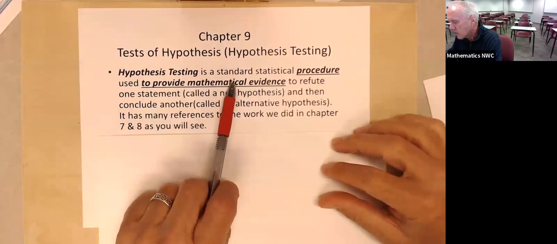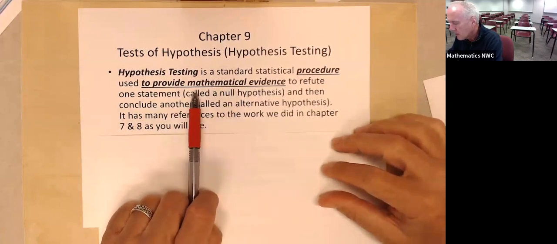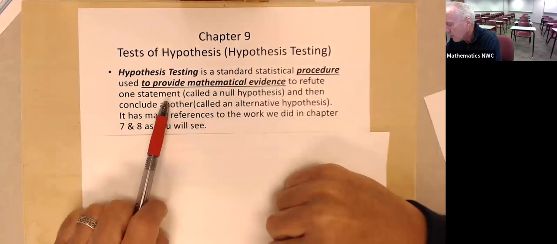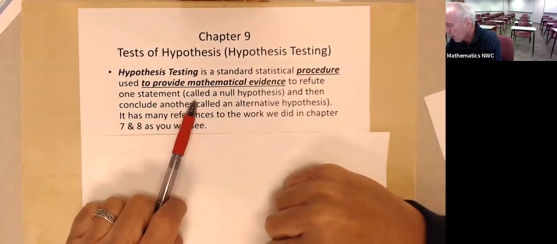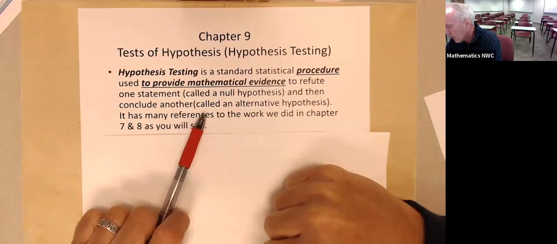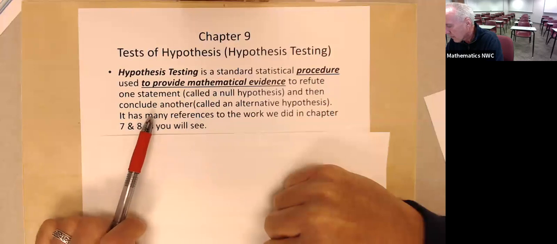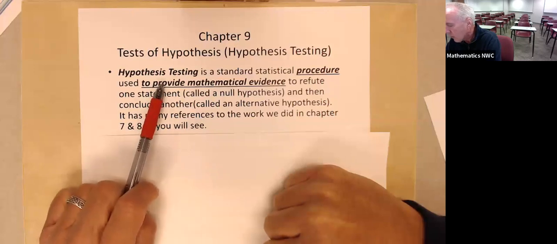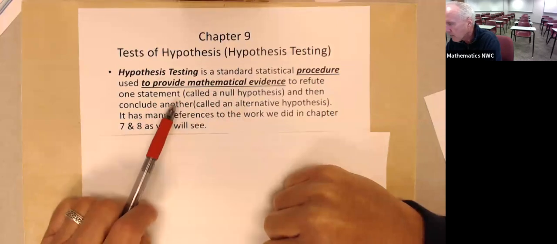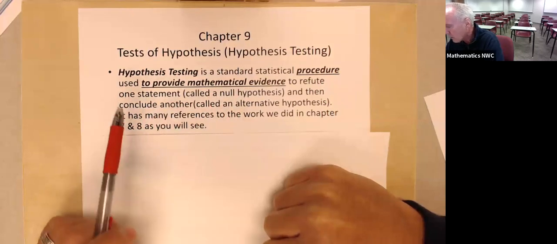It's a standard procedure to provide mathematical evidence to refute one statement, which we call a null hypothesis, and then conclude another called an alternative hypothesis. It's basically a way that we provide mathematical evidence to verify what we're trying to say to an audience.